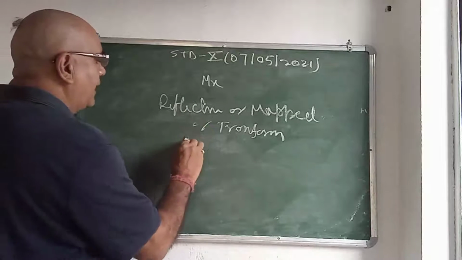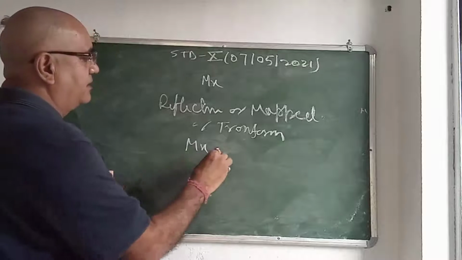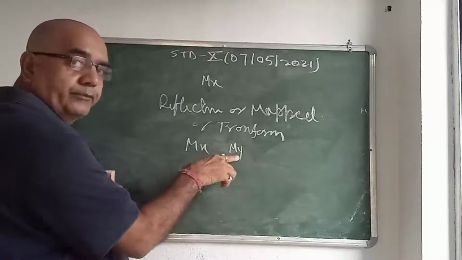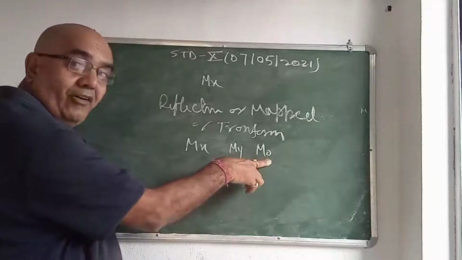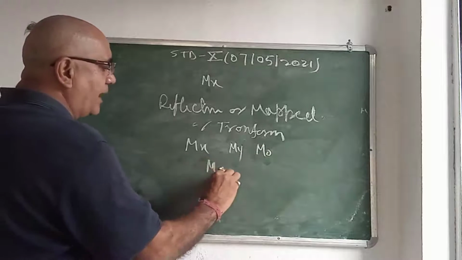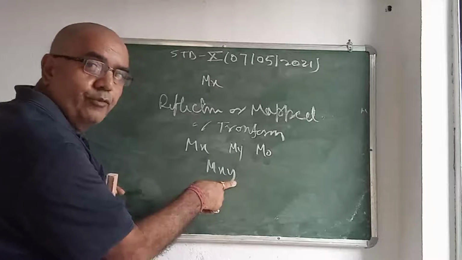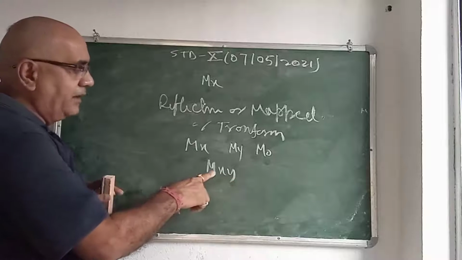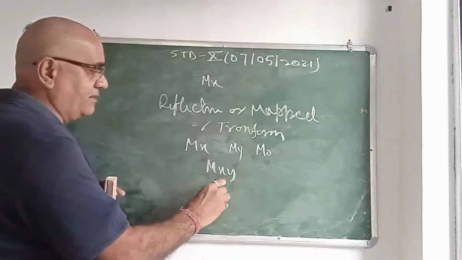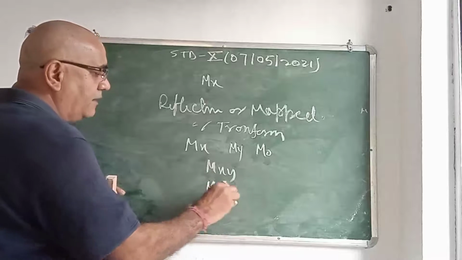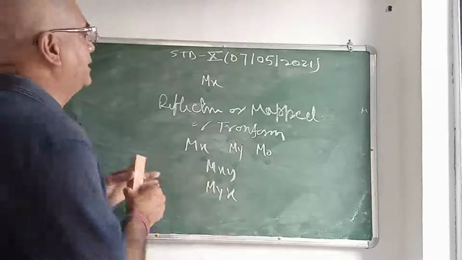So written here, Mx means mapped through the x-axis. My means mapped through the y-axis, Mo means mapped through the origin. Mxy means mapped through the x-axis followed by the y-axis. Myx means mapped through the y-axis followed by the x-axis. This is the meaning.